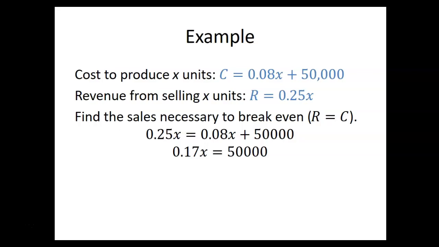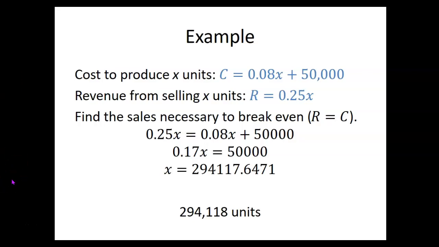Then divide both sides by 0.17, and we get x equals, well, this is what shows up on the calculator, 294,117.6471. But if x has to be a whole number of units, that means x has to be 294,118 units. So if we sell that many, we break even. If we sell more than that, then we start seeing a positive profit.